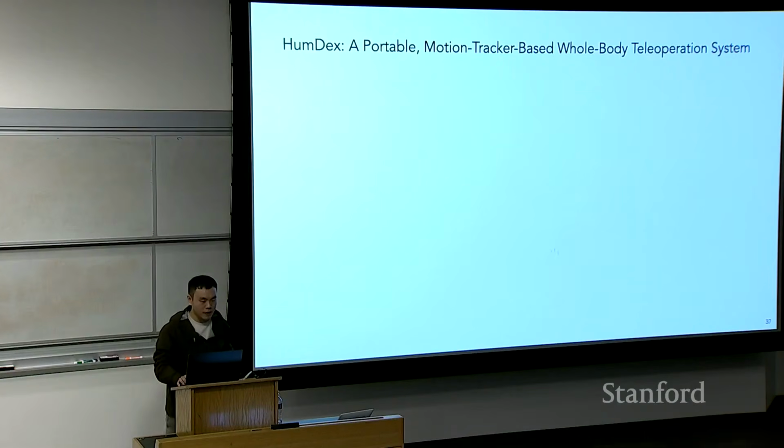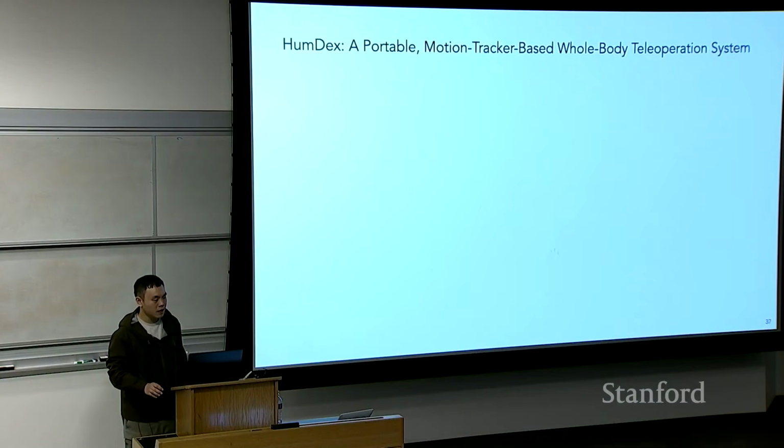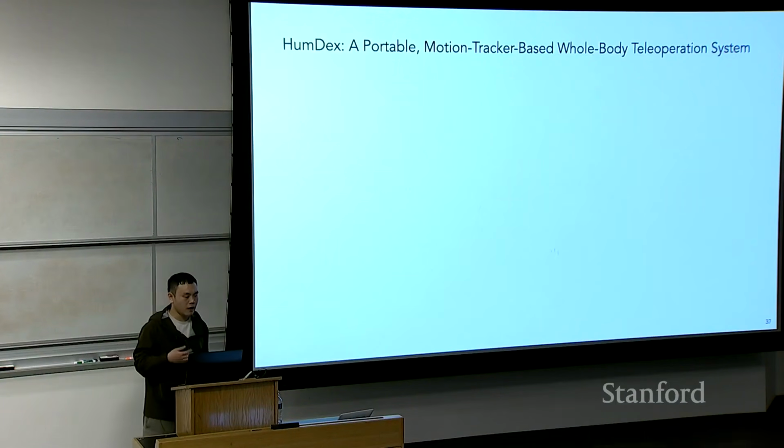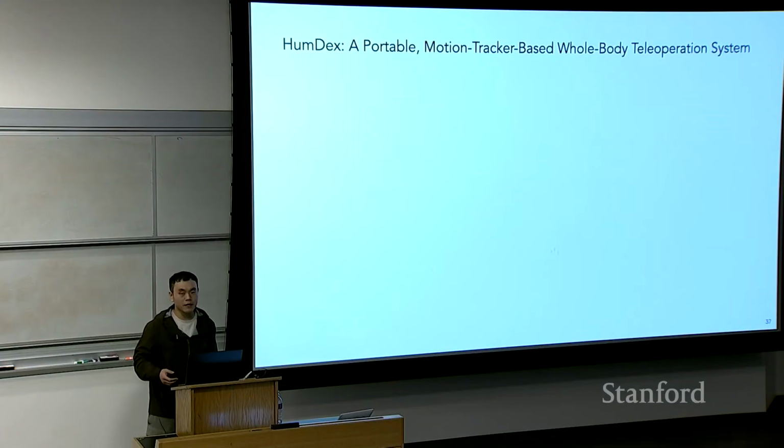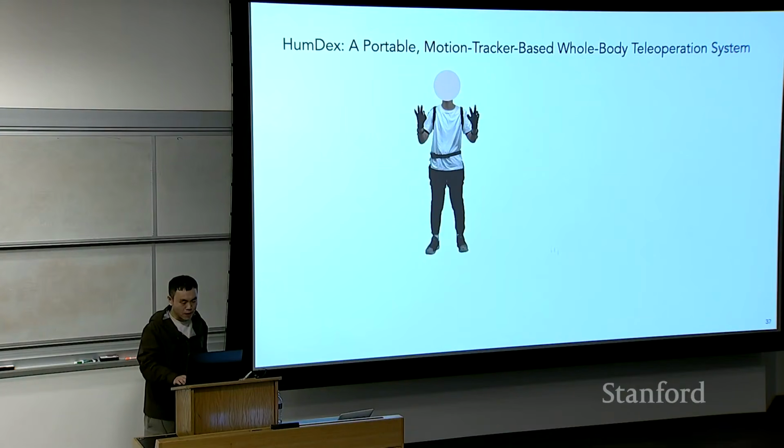Now that we only have a little bit of time, I also want to share a little bit about our other ICRA submission called HumDex. This paper is a small paper but an interesting one. It is basically a portable IMU motion tracker-based whole body teleoperation system.